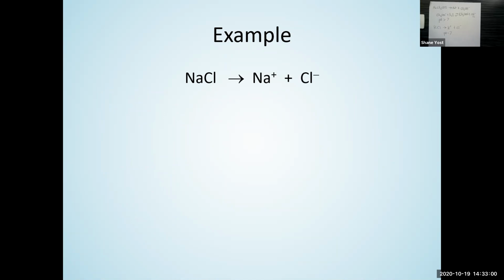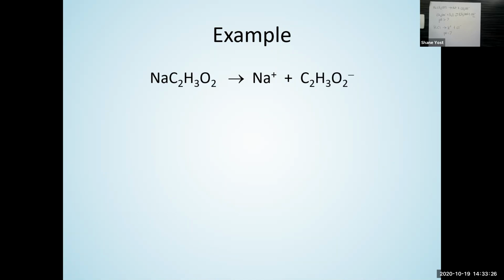It's going to be a neutral solution, because the sodium and the chloride ions come from strong acids and strong bases, so they themselves do not interact with water or anything else. These are just going to be spectator ions in solution, just floating around doing nothing. So that will have a neutral pH.